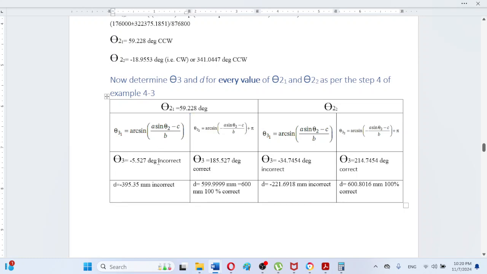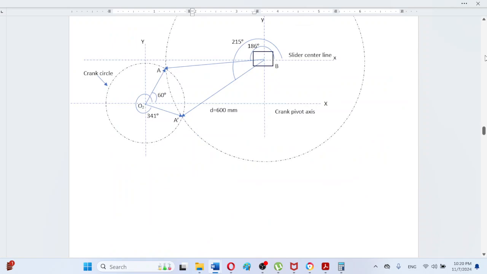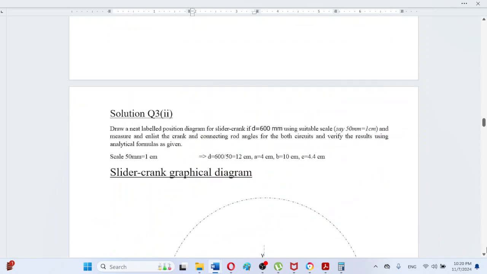So theta 3 will be minus 5.527, which is incorrect, and the d value will be equal to minus 359 millimeter, which is also incorrect. If we apply the formula for theta subscript 3 2, the value of theta 3 will be equal to 185.527, which is actually correct according to the diagram as shown here.